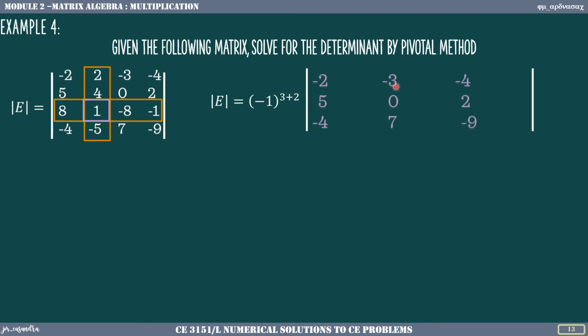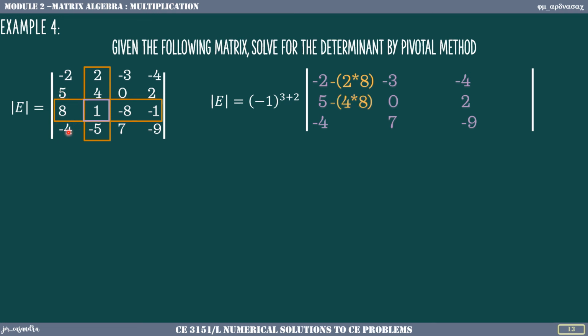And then we subtract the product of the elements that coincide with the respective element inside the eliminated row and column. So for this element, we'll have minus 8 times 2. And then we'll have here minus 8 times 4.